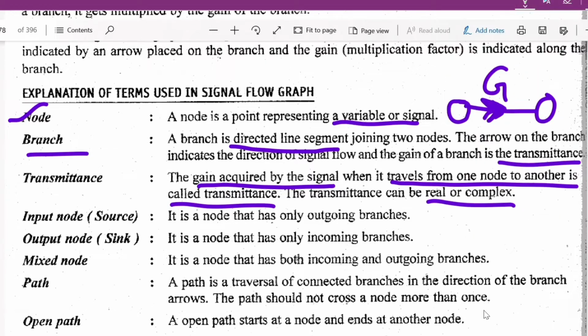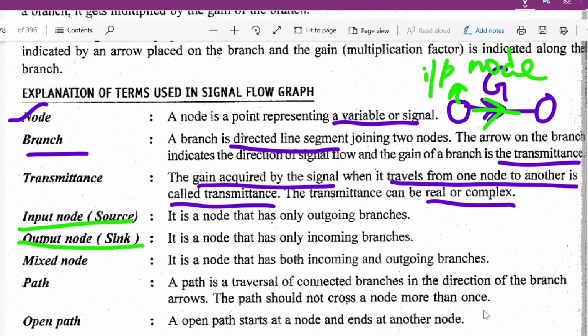Then we'll see input node or source. A node that has only outgoing branches. See here, a node which has only the outgoing branch is called an input node or source. Then output node or sink.